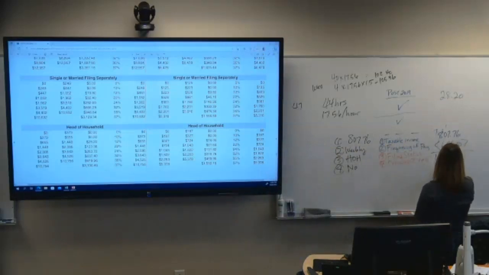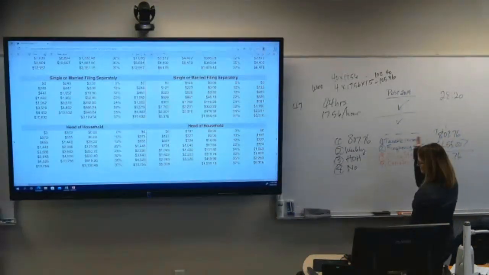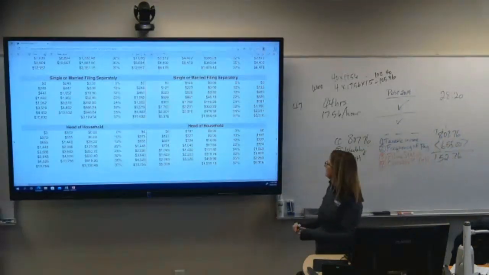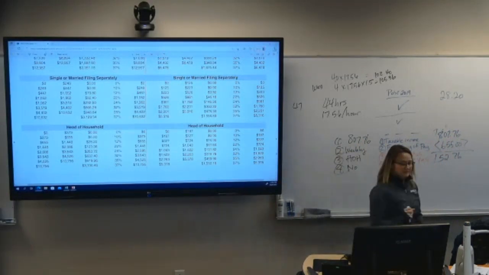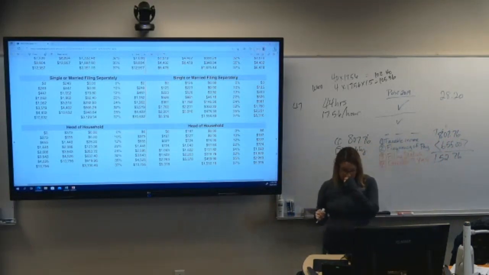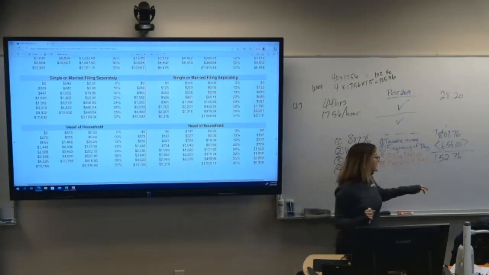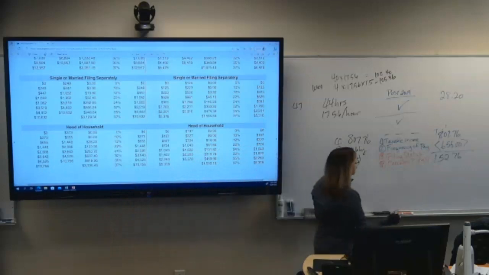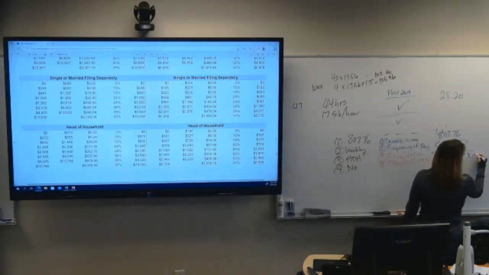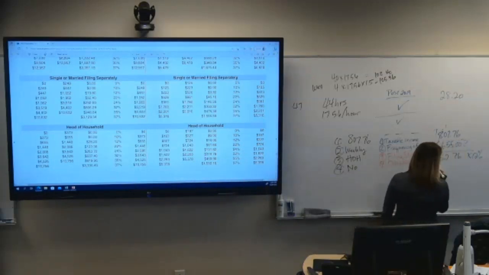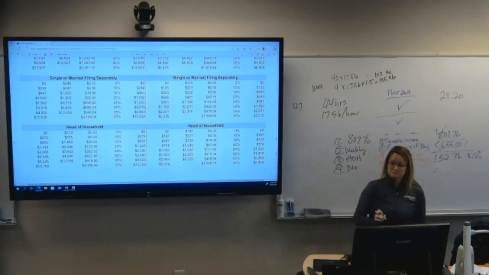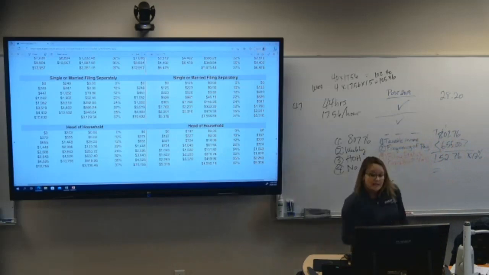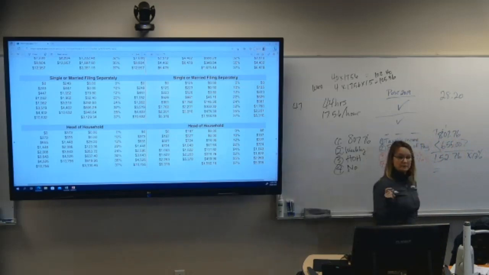I was looking at the wrong line, I had my line not lined up. All right, 152.76. We're not done because we don't need to take the whole 152.76, only a percentage of it. 12% of it. So times 12%, what does that equal? 18.36? Is that what we get?